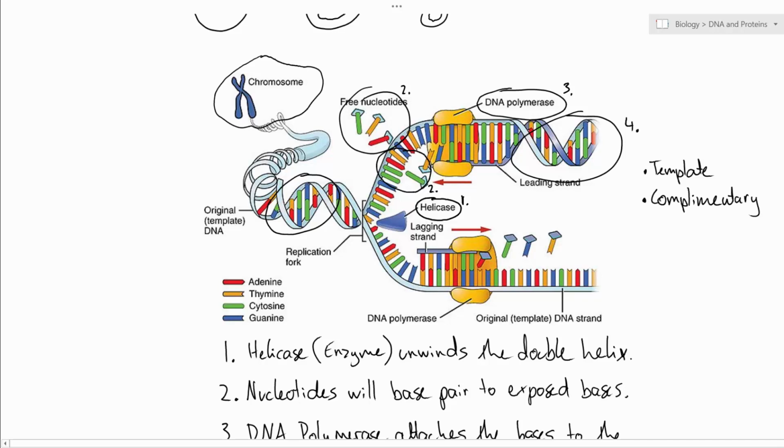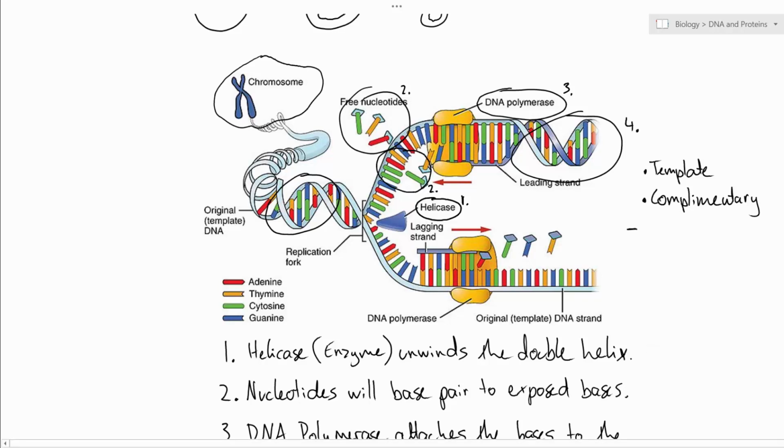So when they divide, in the newly created double helixes one of the strands from the original DNA is going to be a template strand, and in the other one it's going to be the complementary strand. Now the template strand is what actually contains our genetic material. The complementary one is just kind of there making up the double helix.